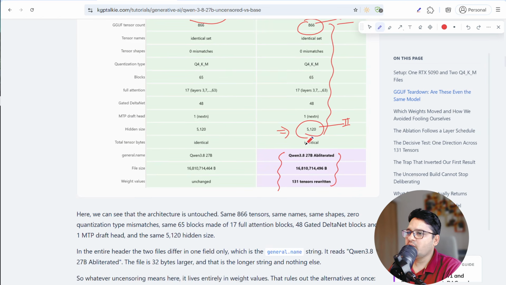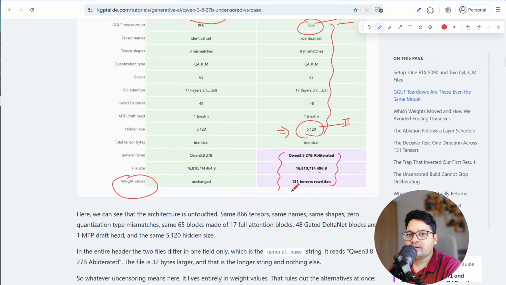Apart from that, you will notice the file size is almost similar. There is no change at all other than a very small, minor change. And you will notice here the weight values. Between the Ollama and Unsloth, there was no weight value change.